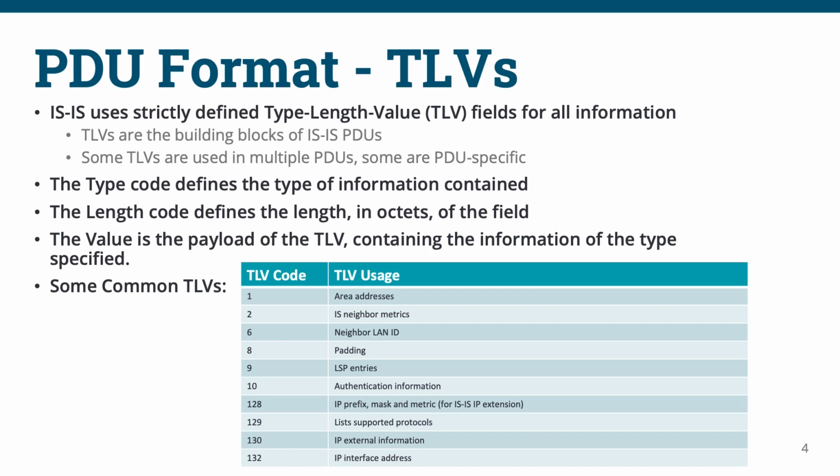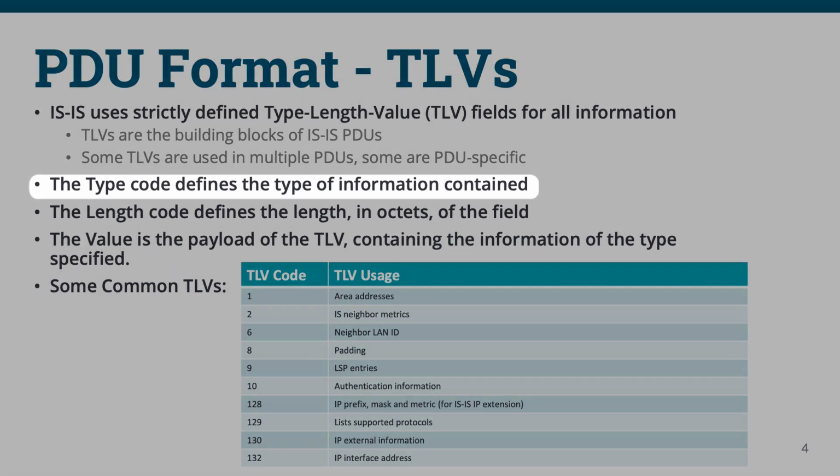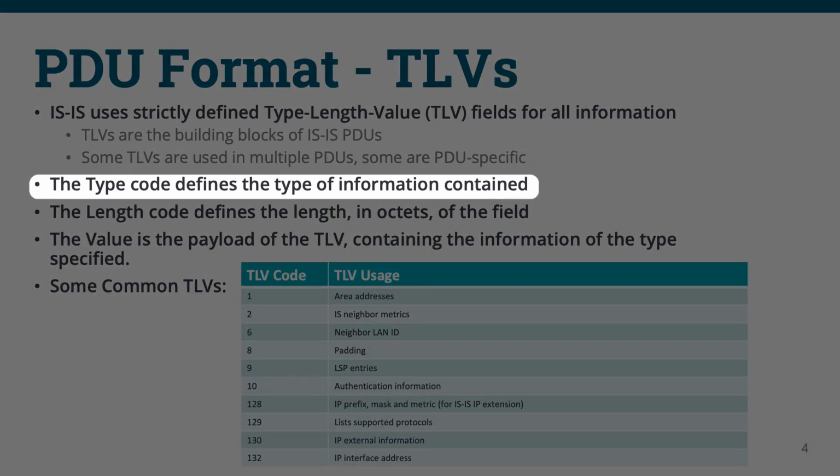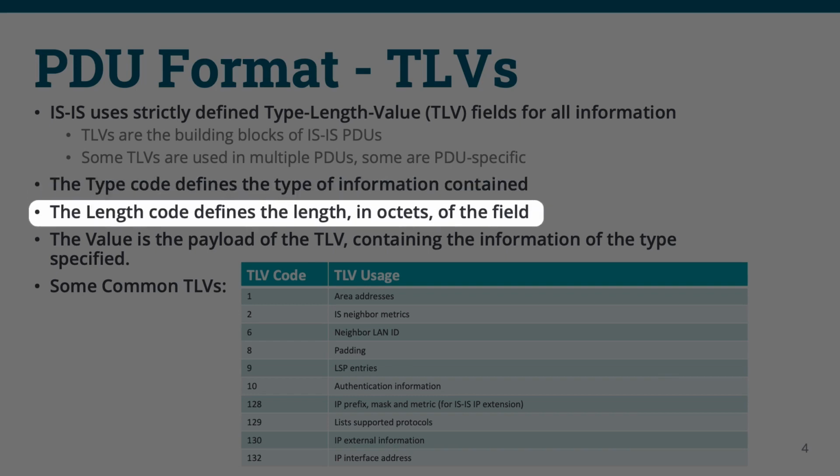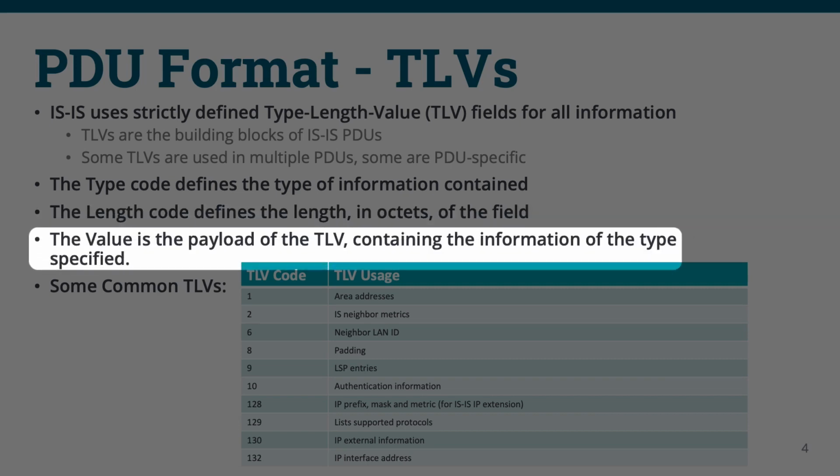This is because it's an easy way to transmit information. Where the type field defines what type of information is in the payload of the data unit, the length field tells the receiver how long the TLV is, and the value simply contains the payload or data of the TLV.